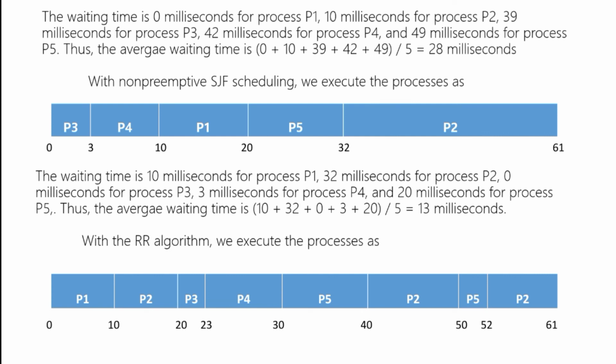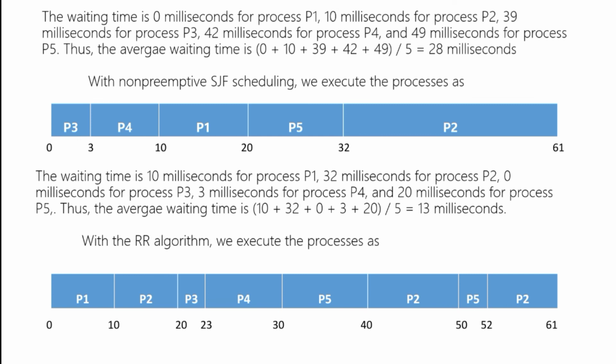So the P2 waited for P1 to finish in 10 burst time, and after the P5, the P2 is allocated again by the CPU, and after 50 milliseconds, the P5 arrives and it is the next allocated by the CPU. So after 52 milliseconds, the P2 is allocated again by the CPU, and that is what we consider round robin scheduling.